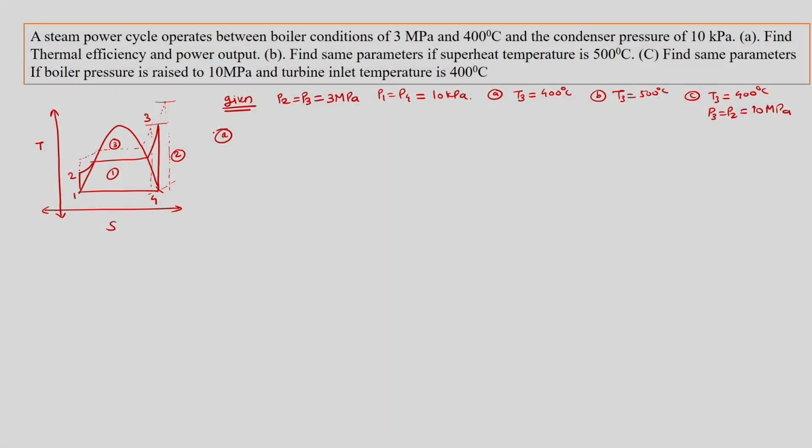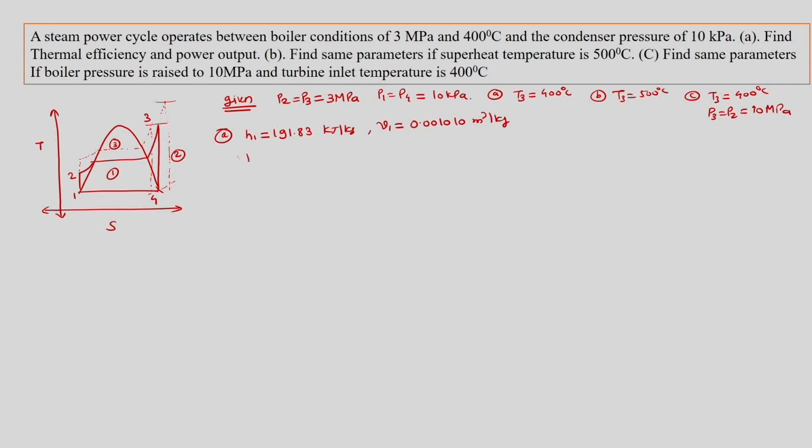For A, we first have to find H1, and H1 turns out to be 191.83 kilojoule per kg. Similarly, V1 is equal to 0.001010 meter cube per kg.